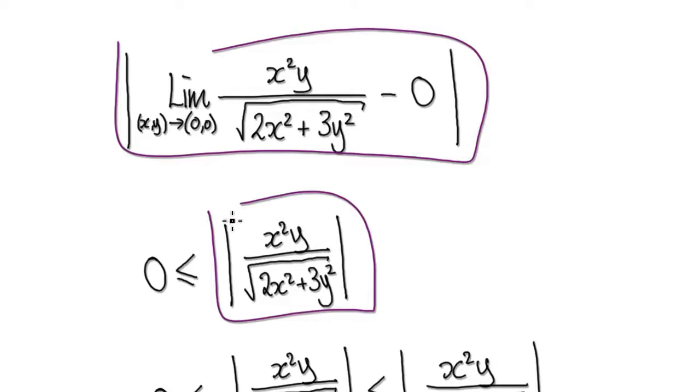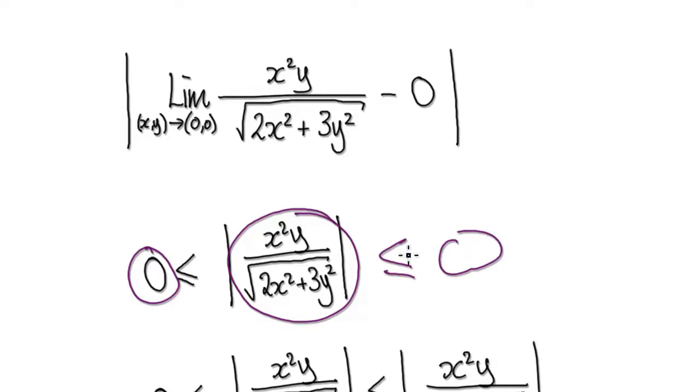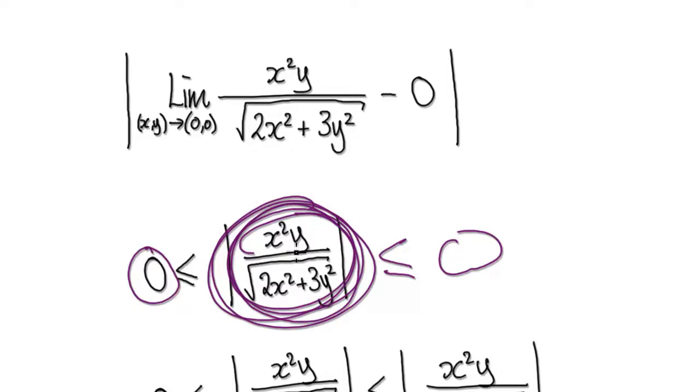We know that when you take the absolute value of something, it's always going to be greater or equal to 0, because our aim here is to trap this in between 0 and something, and then use the squeeze theorem to show that the limit, if the limit exists, equals something.